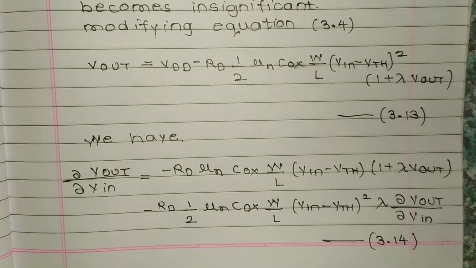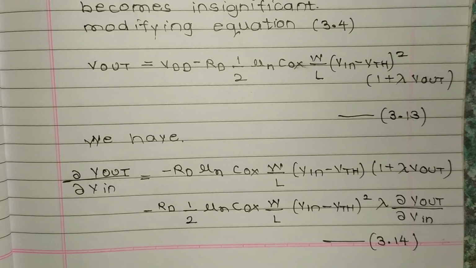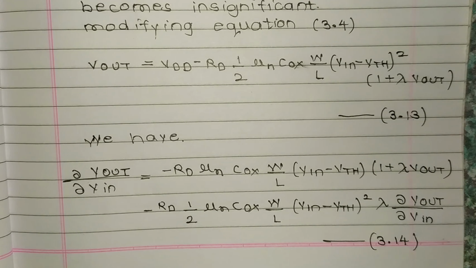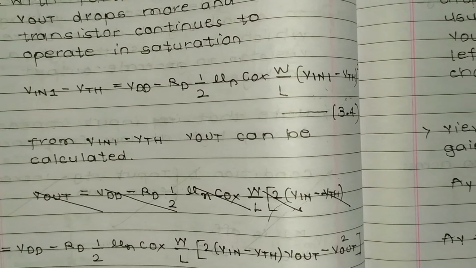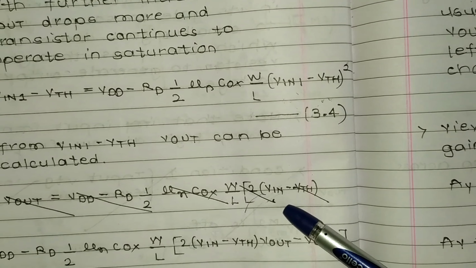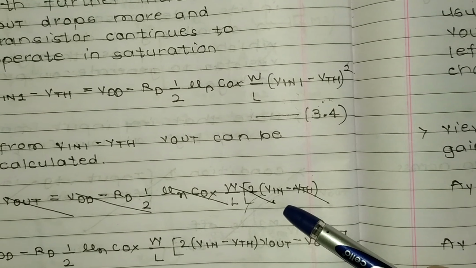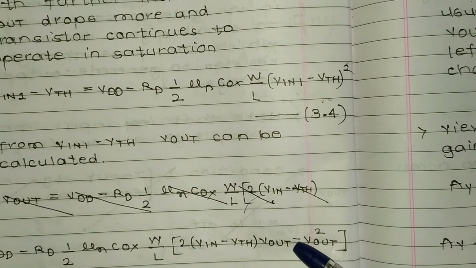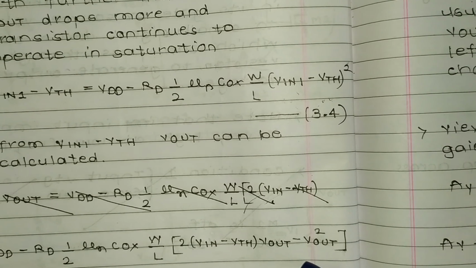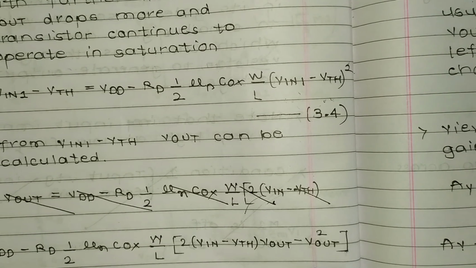Equation 3.4 is: Vin1 minus VTH is equal to VDD minus RD times 1 by 2 mu n Cox W by L times (Vin1 minus VTH) the whole square.